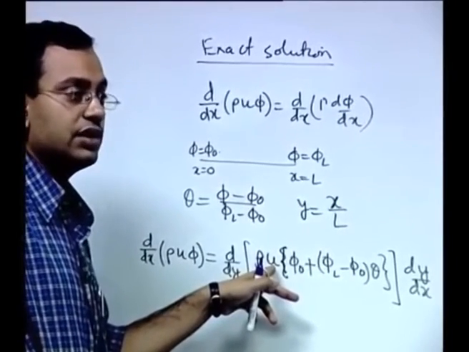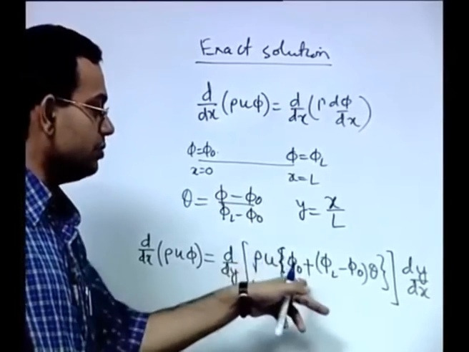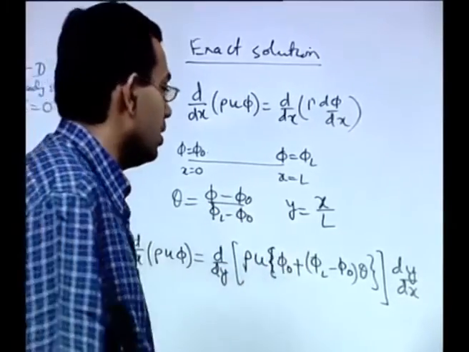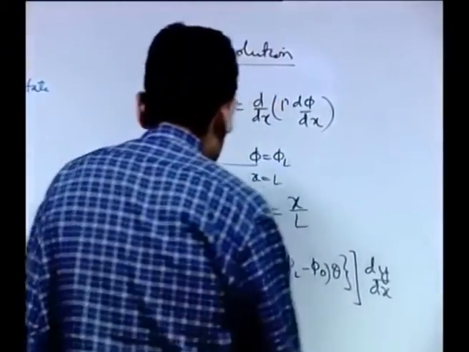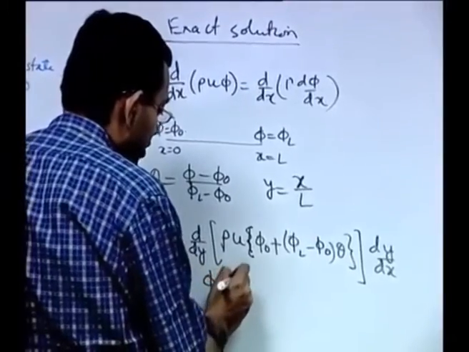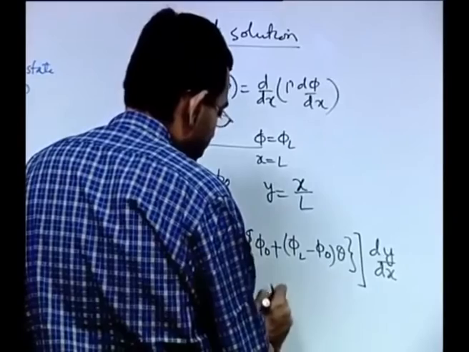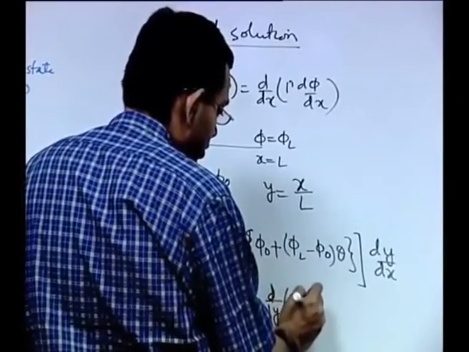By the continuity equation d/dx of rho u is equal to 0. So, this term will not be there, and dy/dx is 1 by L. So, it becomes (phi L minus phi 0) by L into d/dy of rho u theta.